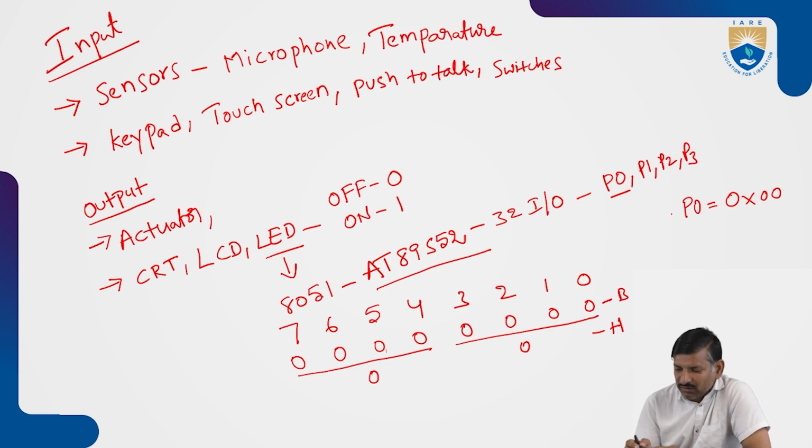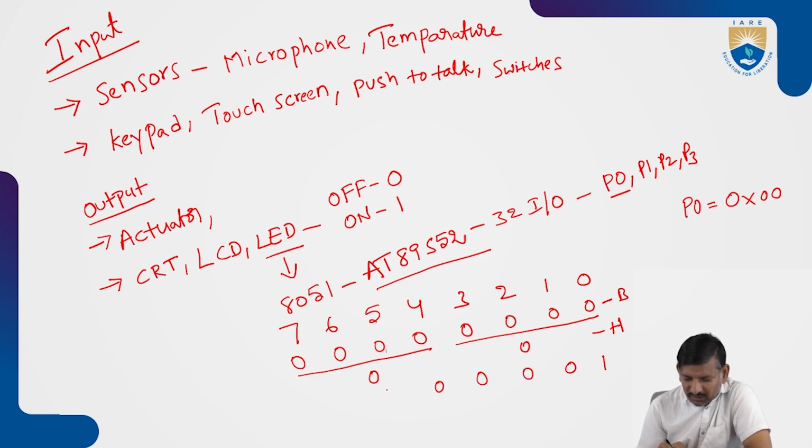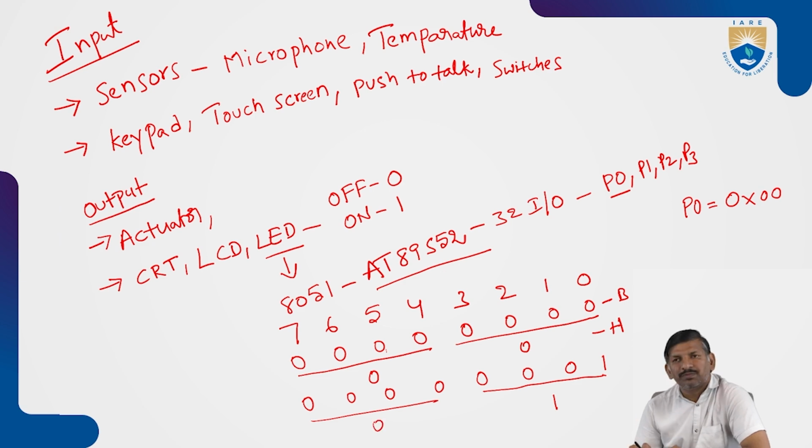Later, I want to switch on the 0th LED of port 0. At that time, that LED will be 1 and the remaining all will be off, so I am giving 0 to the remaining LEDs. This hexadecimal value is here 1, here 0.